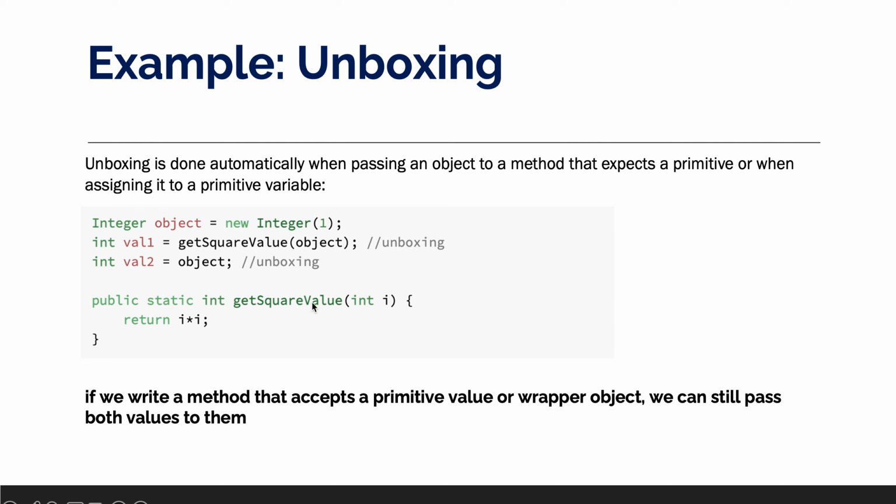Like here, this method is expecting a primitive value, but still we are able to pass a wrapper object. Similar to that, if it is expecting a wrapper object and we are passing a primitive value, that is also valid. That's why we say that if we write a method that accepts a primitive value or a wrapper object, we can still pass both values to them.